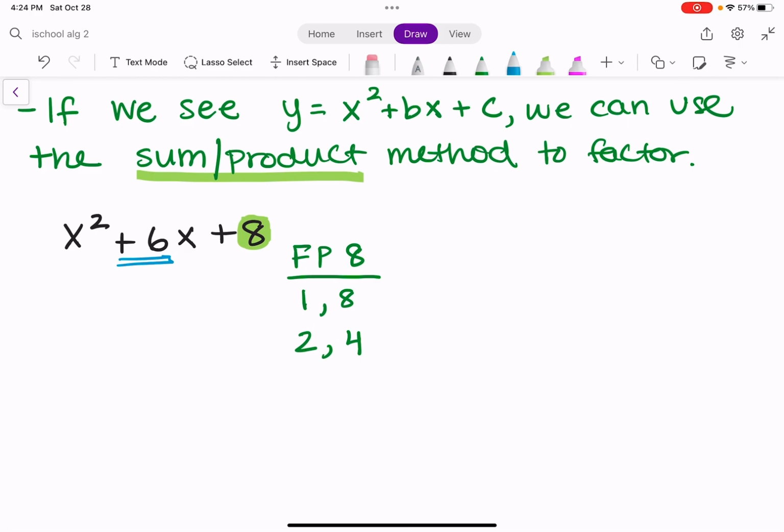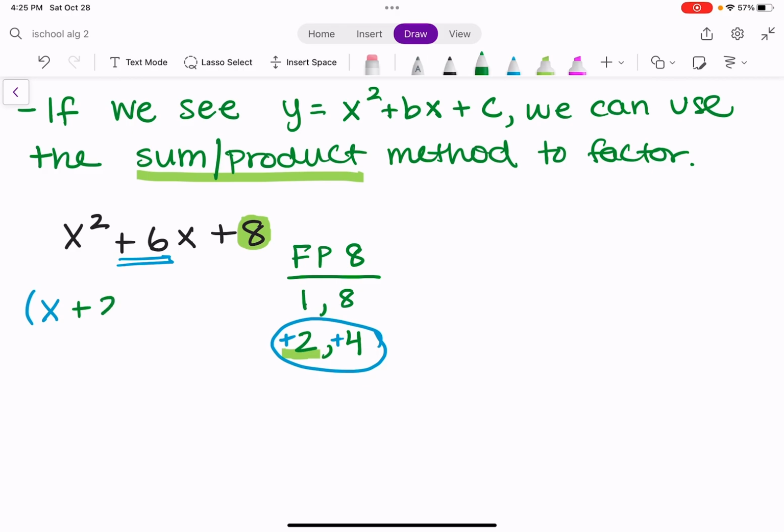Now, obviously, 1 and 8 can't add to 6. 8 minus 1, it doesn't add to 6. But 4 and 2 actually do add to 6, right? If they're both positive, 2 plus 4 will actually add to 6. So now I can write out my factored version, right? So I'm going to have x, and then whatever my first thing is, that goes next.